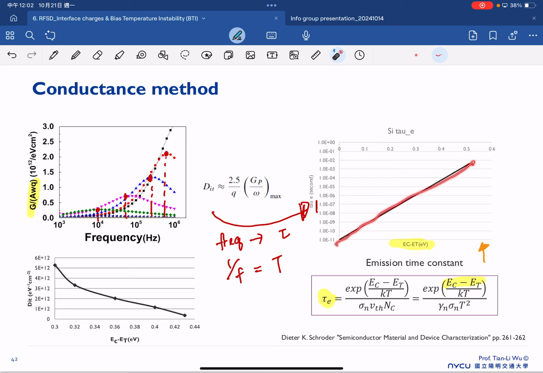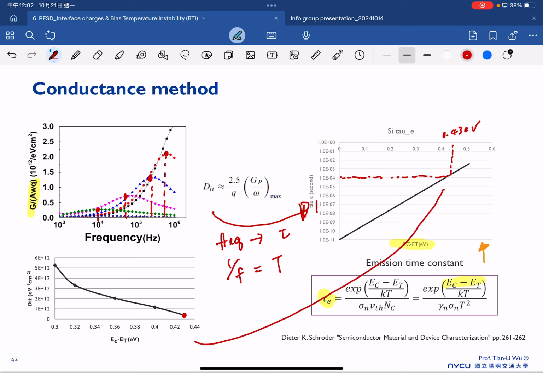So now, if we look at this value of the DIT, which is estimated from here, that gives us 0.43 electron volt. So we then correlate to this energy level.